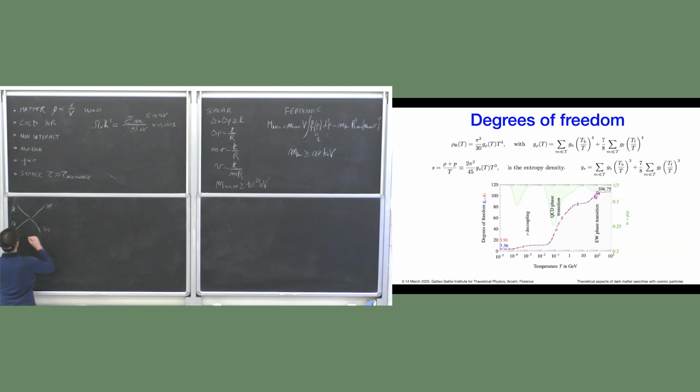This is an inelastic process that keeps what is called the chemical equilibrium. You have another process that instead is an elastic process, dark matter and standard model, that keeps the kinetic equilibrium.